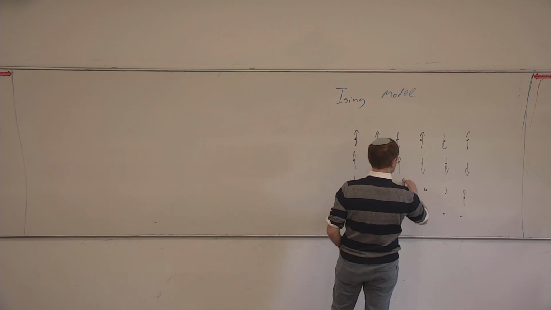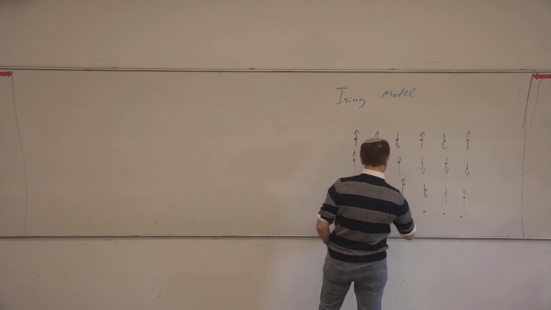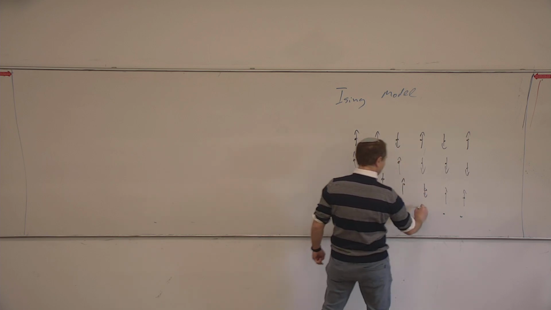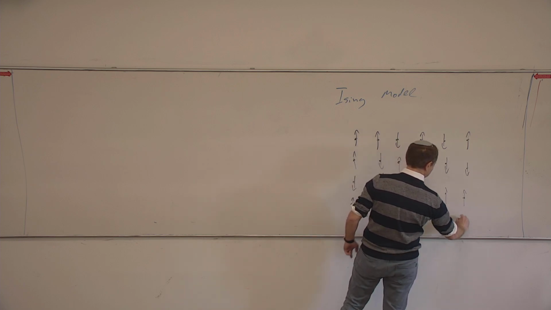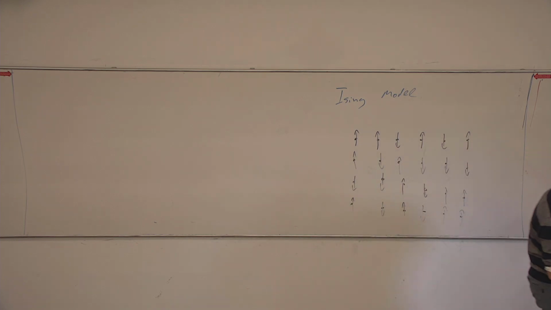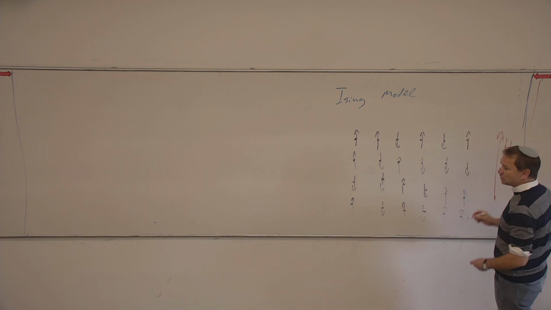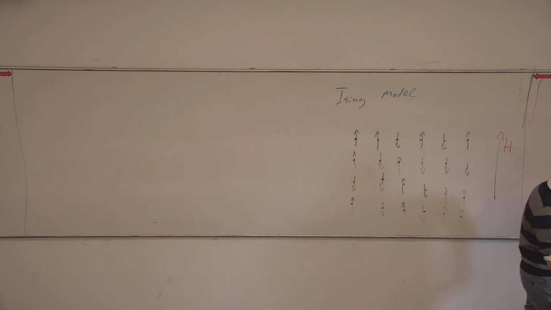And there are two terms in the total energy of the system. First of all, we can have an external field, H, a magnetic field. We're looking at the magnetic properties.